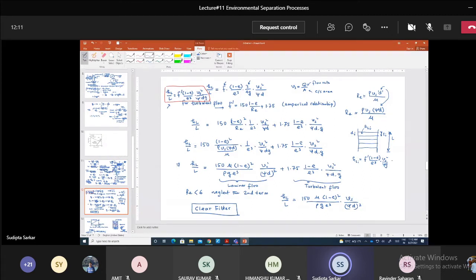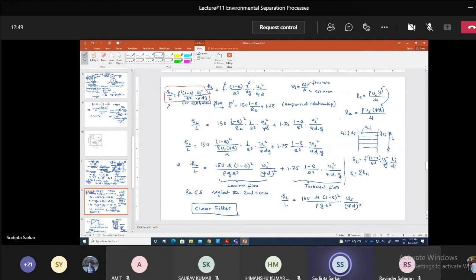Which is now changing? I'm taking the L on the other side. So you can see we have Li divided by Di. Okay. So this is the head loss through only this part of the bed. So HLi is the head loss. So the total head loss is HL, which is the summation of all the HLi's.